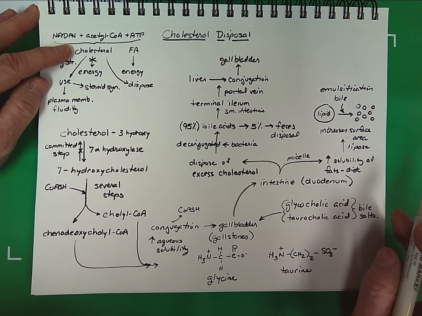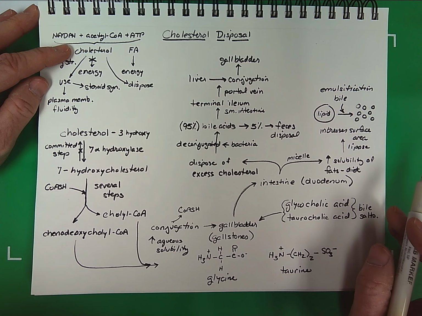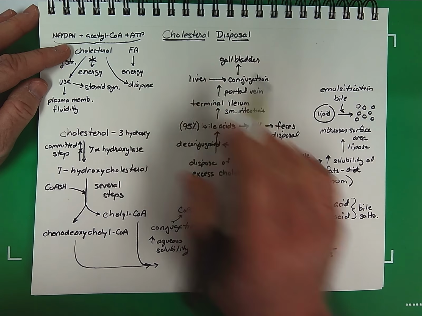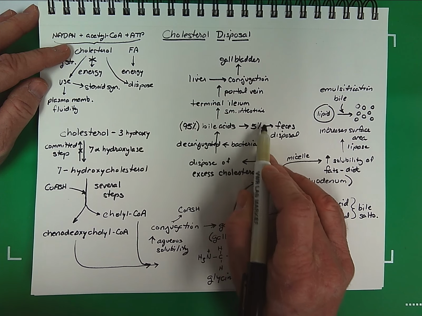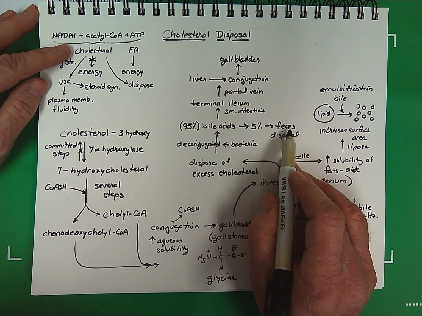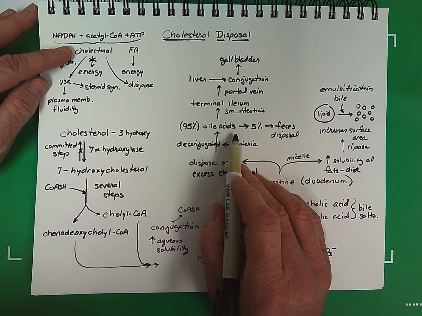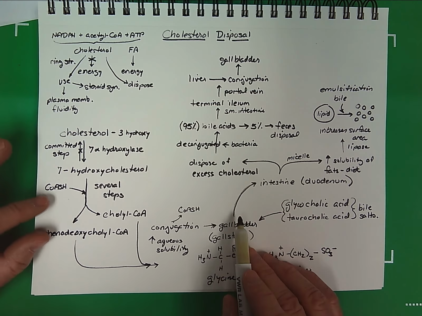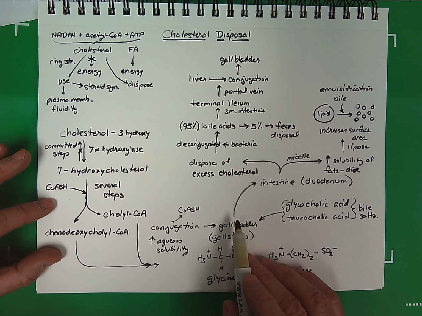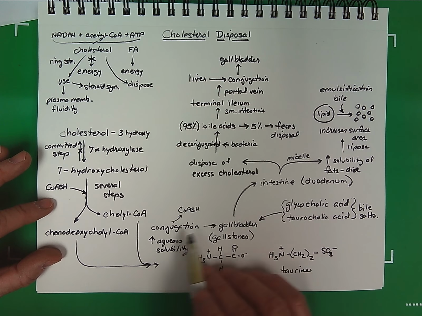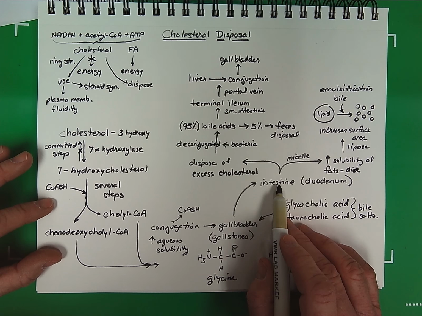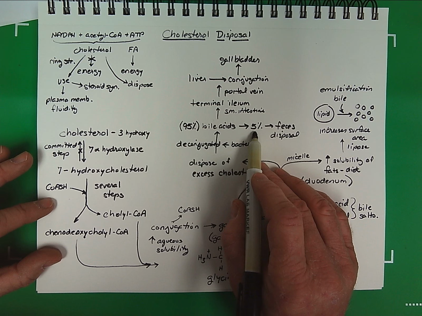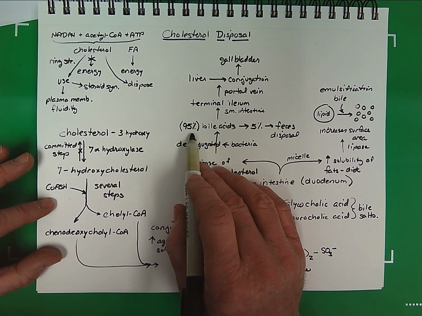So this is the reuse of cholesterol. However, we do have to have a mechanism of disposing cholesterol, and that is the 5% that is disposed in the feces. So with enough rounds of cholesterol synthesis into cholic acid and chenodeoxycholic acid, and enough rounds of secretion from the gallbladder into the intestine, eventually that 5% will make a significant difference in the total systemic body's pool of cholesterol.